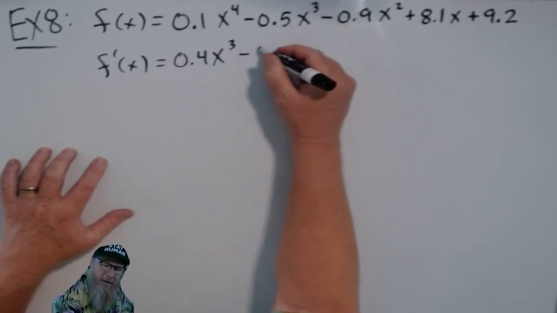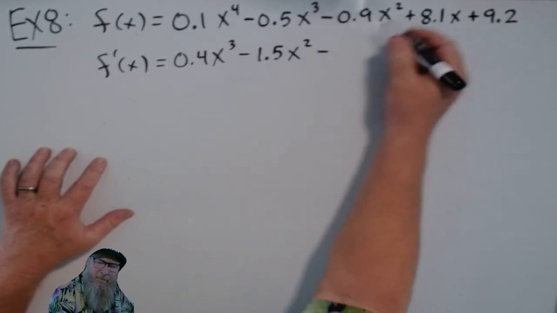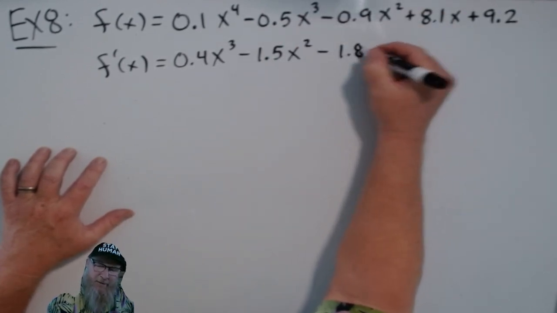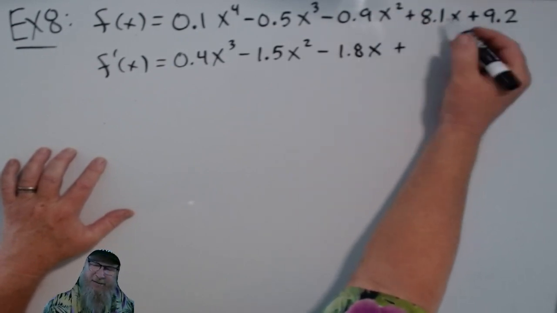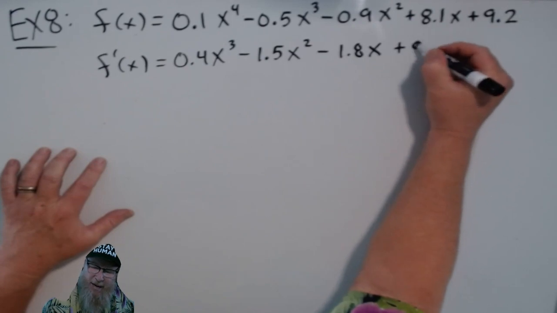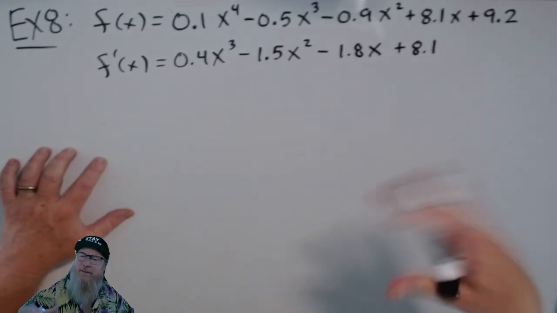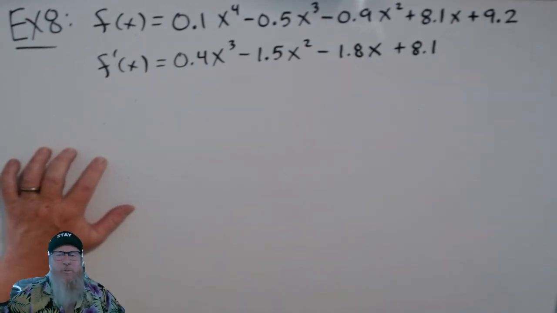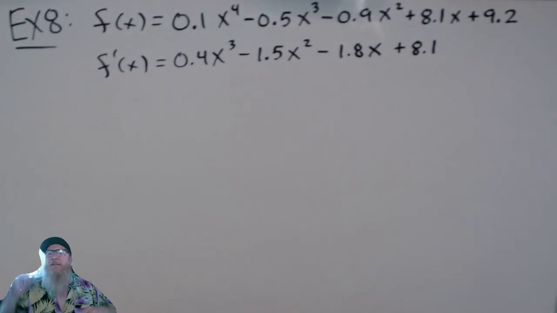Pull the power down, multiply, subtract 1. Pull the power down, multiply, subtract 1. And then for these last two, 8.1x, you just get 8.1. The x becomes x to the 0, which we don't write. And then 9.2 is a constant. The derivative of that is 0.